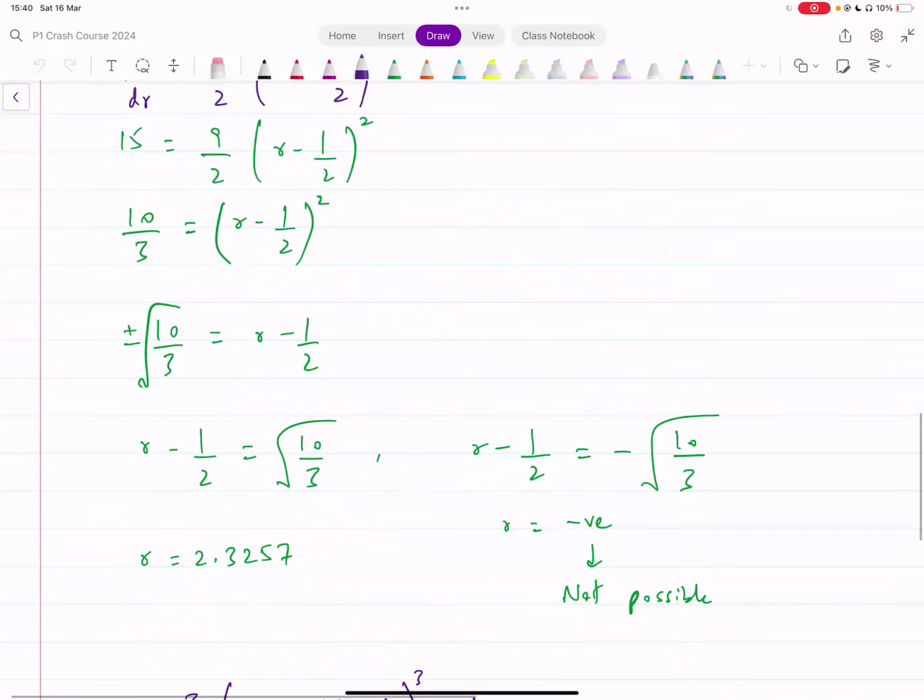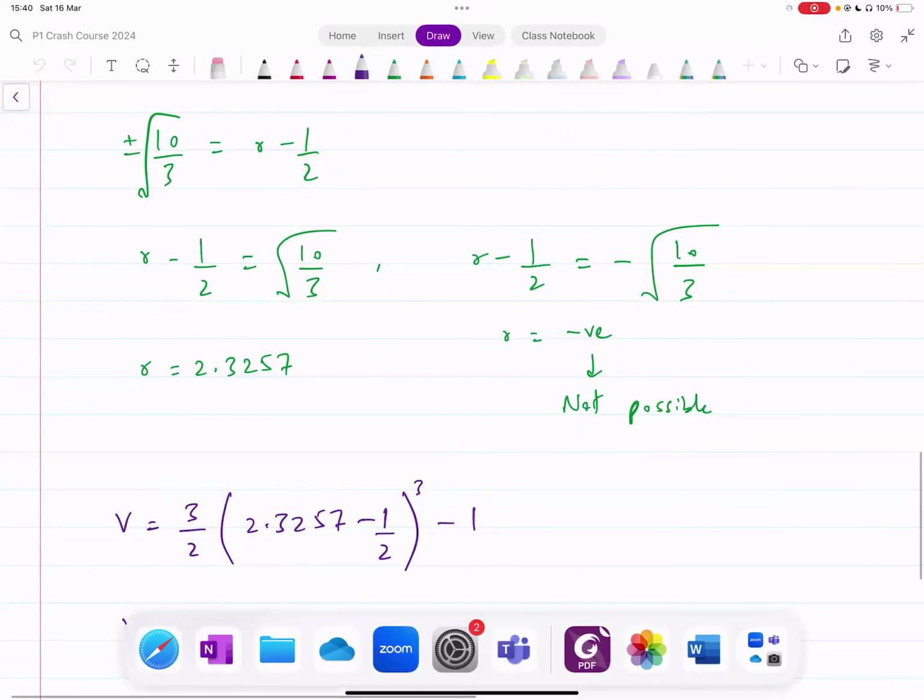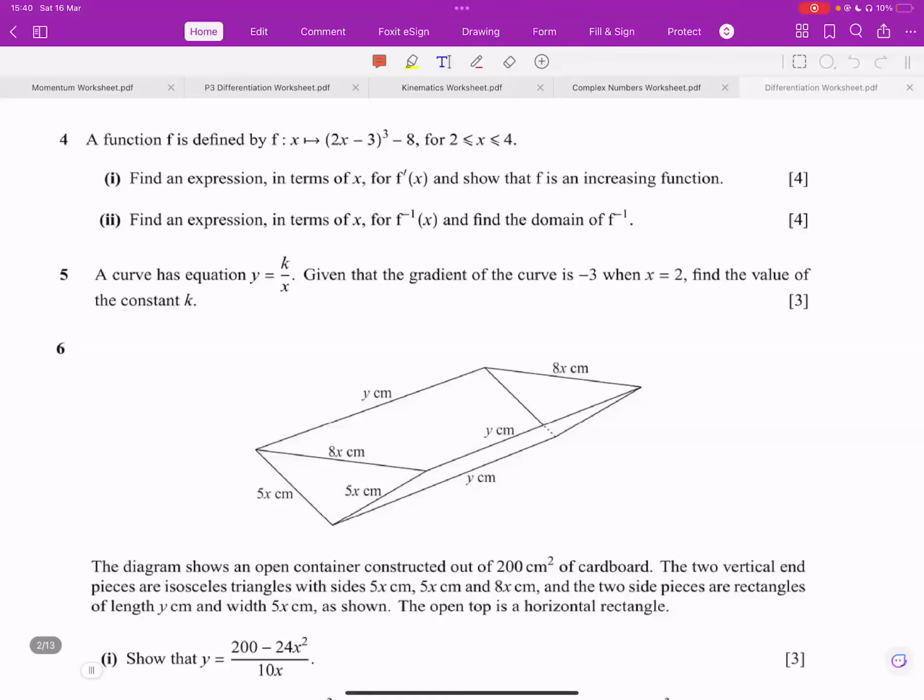Okay, let's check if there is a quicker way of doing this in the marking scheme, maybe. So which question paper was this?